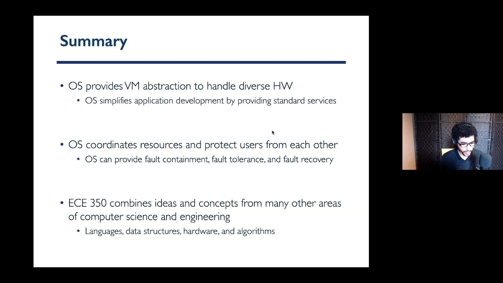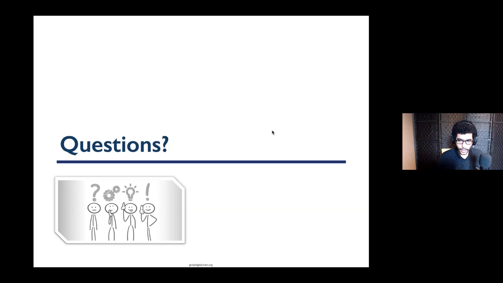And in ECE 350, we're going to see a combination of ideas from different areas of computer science, from algorithms, from computer architecture, data structures, and programming languages. So that would be the first lecture.